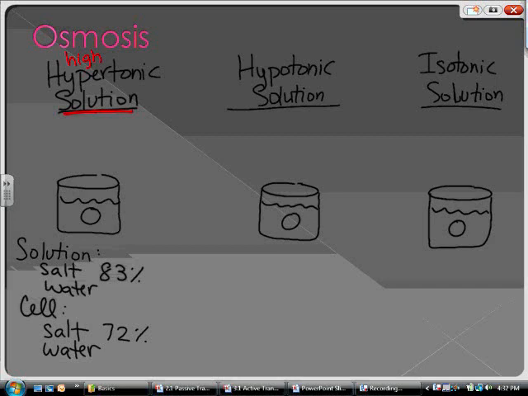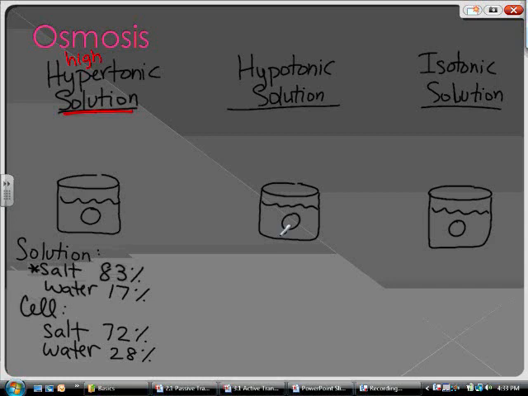In the solution, 83 plus something should give us 100%. That'd be 17%. In the cell, 72 plus something should give us 100%. That would be 28. So we can see that our solution is the high concentrated in salt, not our cell. Hypertonic solution, high concentrated.